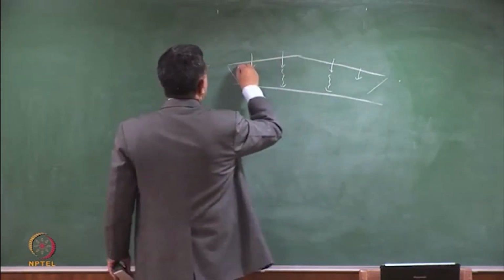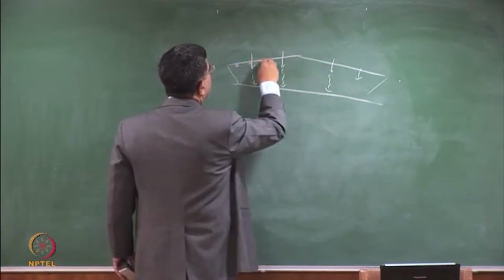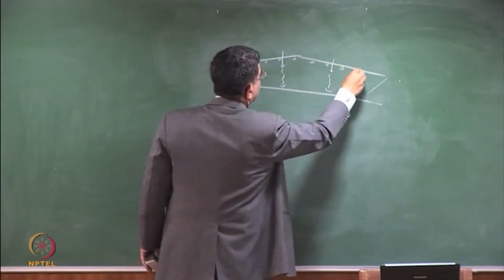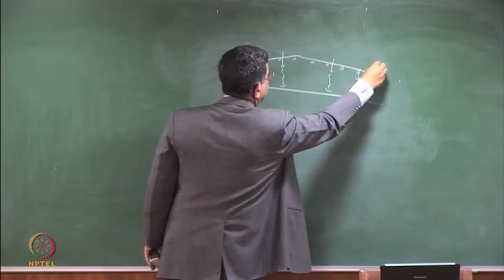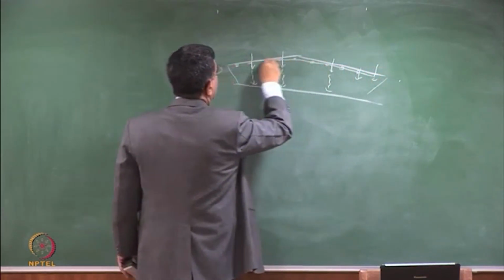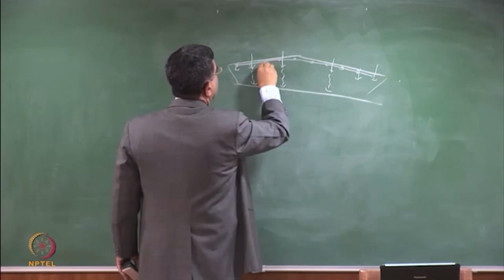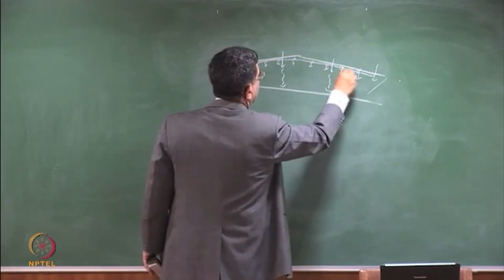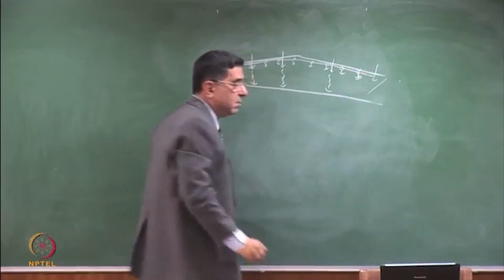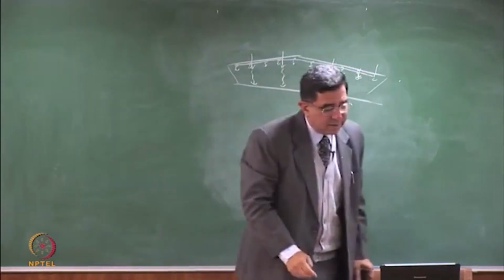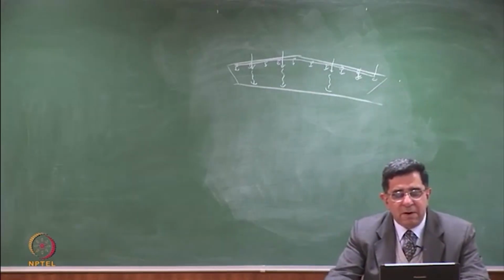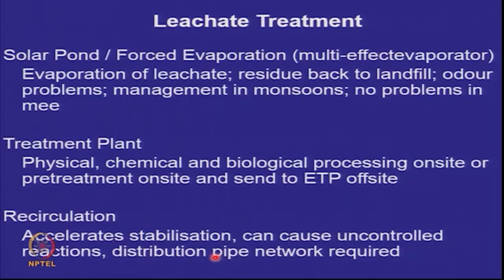The better thing is to have a network, an underground distribution network below the cover. So you can have injection at multiple points.